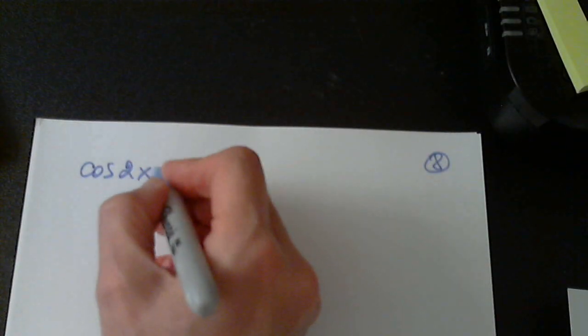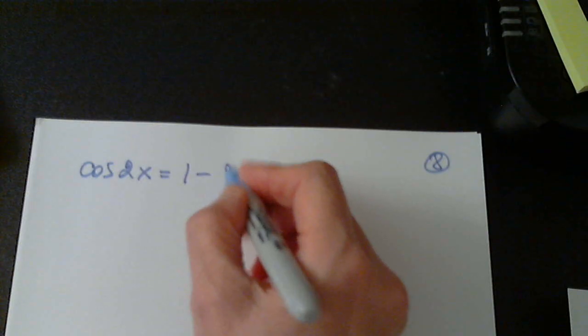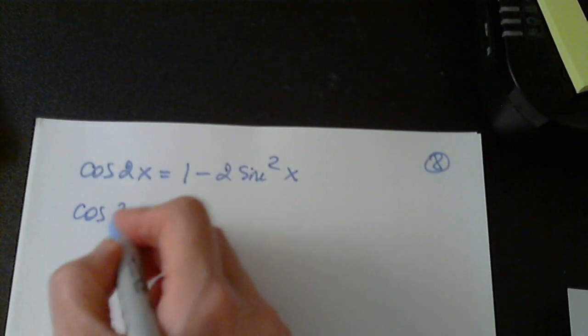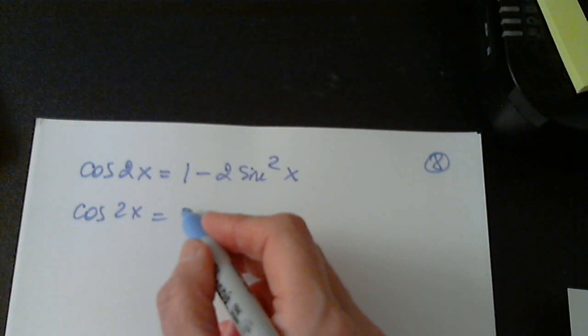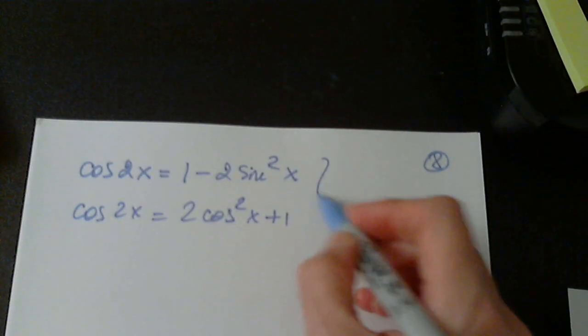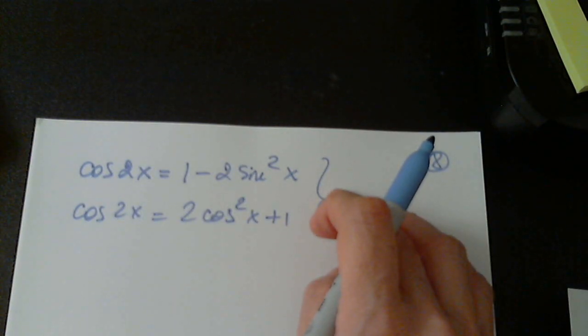Remember, last time we had cosine 2x as 1 minus 2 sine squared x, or cosine 2x is 2 cosine squared x minus 1. Do we remember these two? Yes.